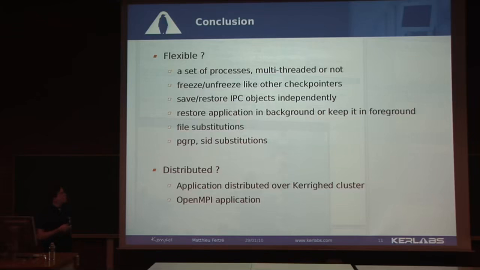We are able to restart the application in background or even foreground. We are able to do some file substitution at restart, so that means that we are able to relink your application to a new socket. And finally, we are able to do some process group and session ID substitution. Again, it was needed in the OpenMPI case.